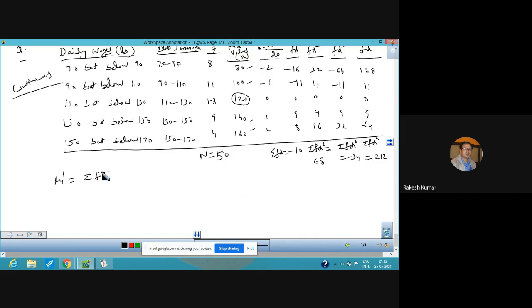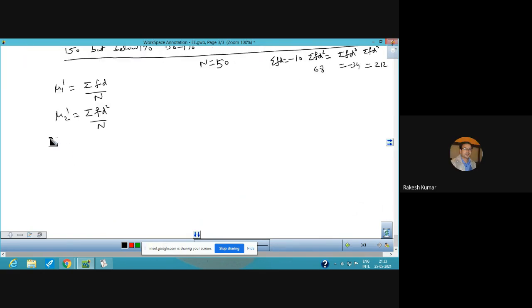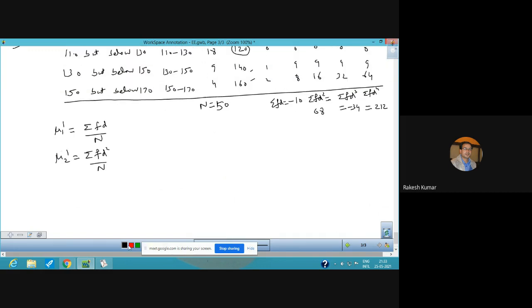Similarly, you will have mu2 dash, that is sigma fd square upon n. Here I am not taking the star; we are going to write without star.